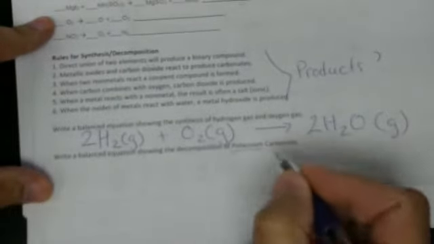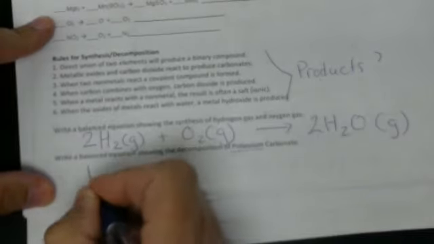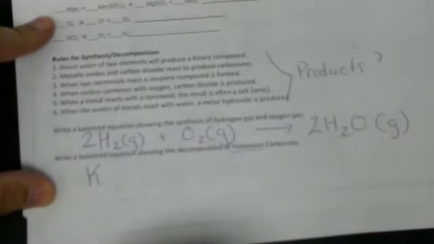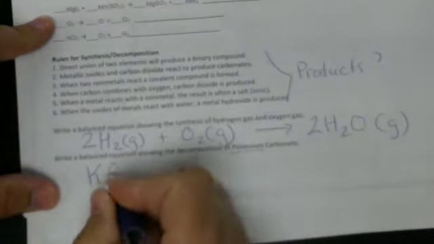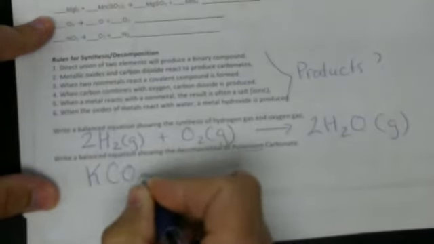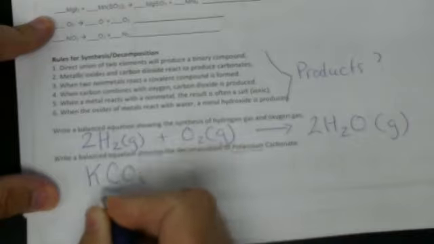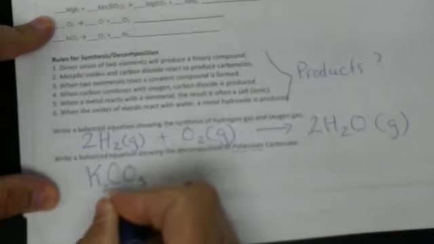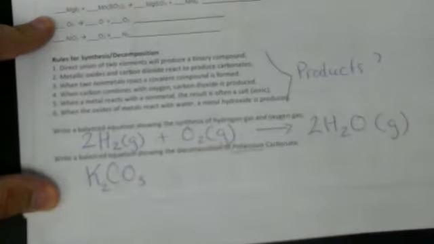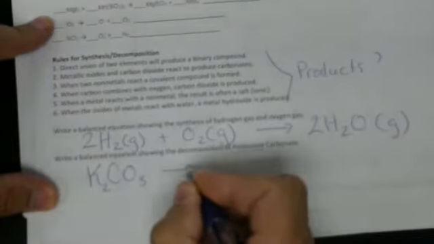Right, last one, potassium carbonate. I notice a lot of you guys are getting confused with potassium and phosphorus. Potassium is a group 1 alkali metal, and it's a K. That's our symbol. And carbonate is a -2. Potassium's a +1, so we'd write it like that: K2CO3. And it decomposes.